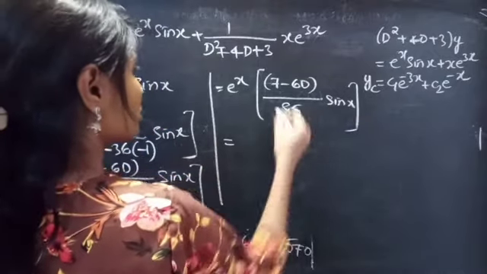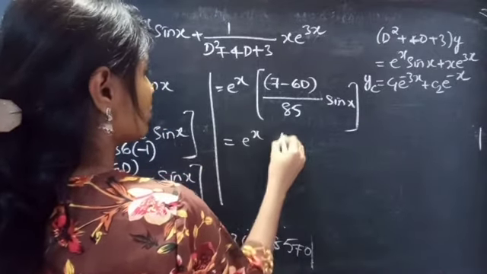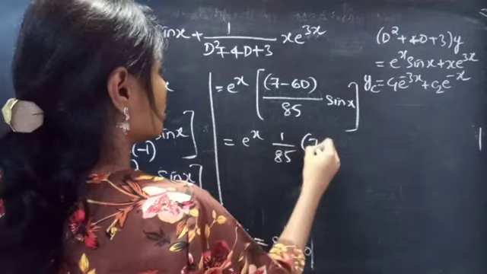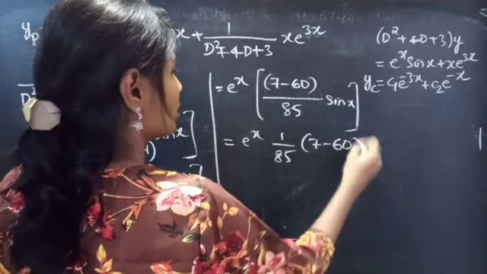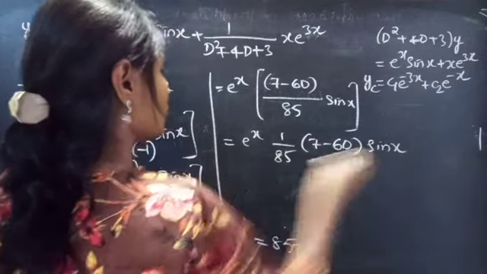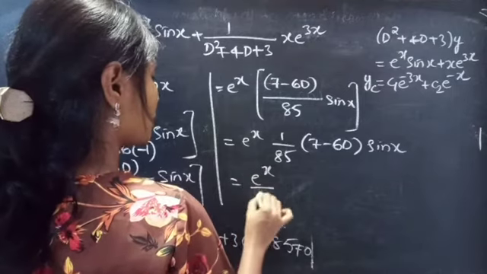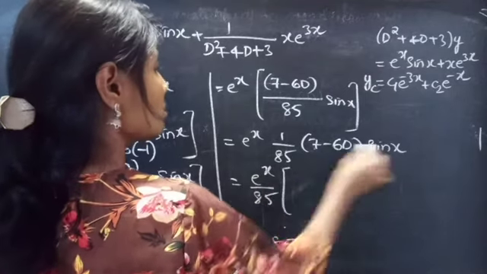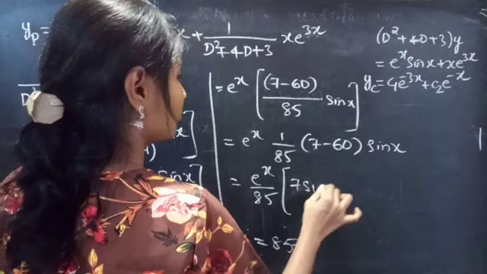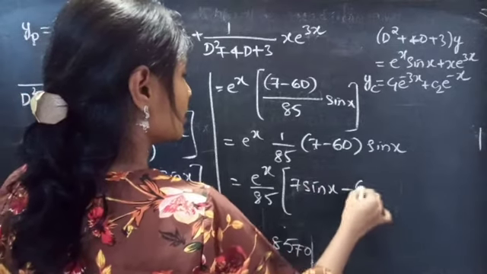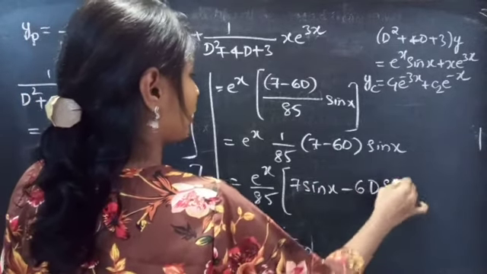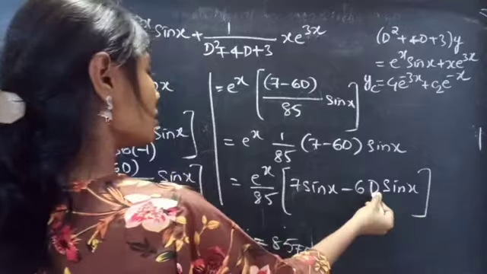Now we can write this as e power x into 1 by 85 into 7 minus 6d into sin x, which is equals to e power x by 85 into 7 sin x minus 6d sin x. We know that d is a differential operator.